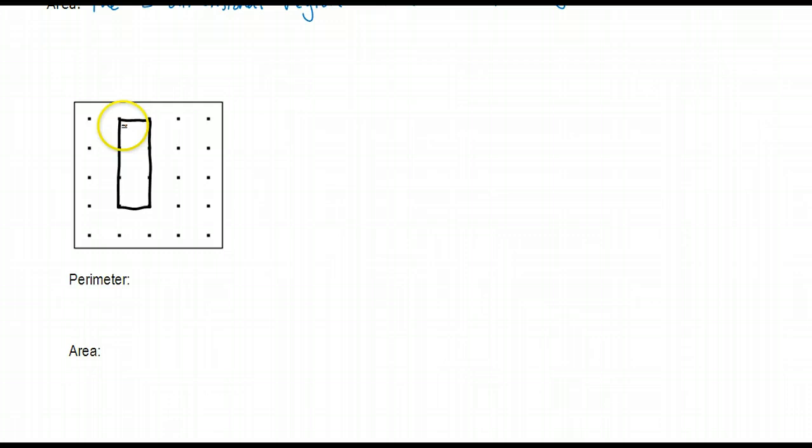That's my perimeter. If I start here and go all the way around to bound my figure, I'm going to go 1, 2, 3, 4, 5, 6, 7, 8. In reality, I'm going to go 1 plus 3 plus 1 plus 3.